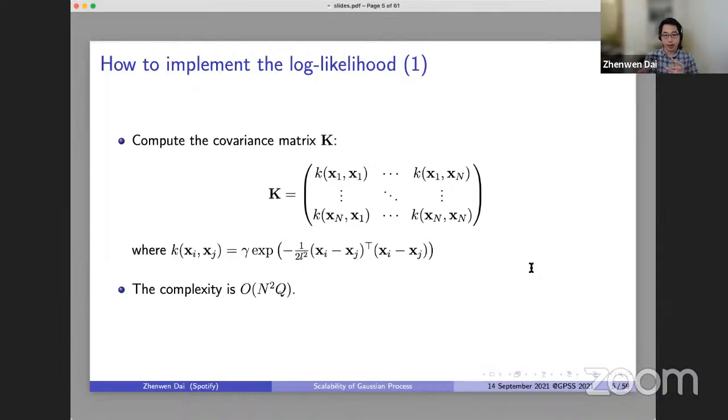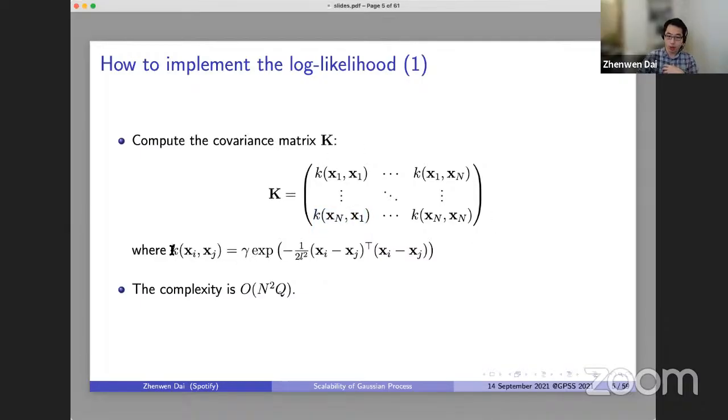The way it is calculated is by evaluating a pairwise covariance function, small k, over every individual pair of the input data. For example, the diagonal entries are k(x1, x1), k(x2, x2), until k(xn, xn), and the off-diagonal entries are the corresponding pairs of input locations. We apply these kernel functions to all these individual pairs of inputs and the result is an N by N covariance matrix.